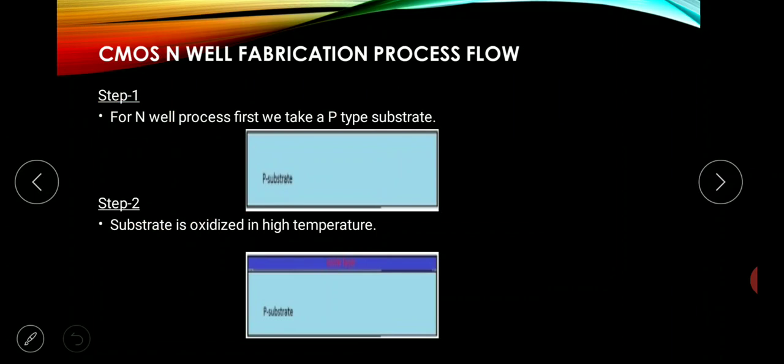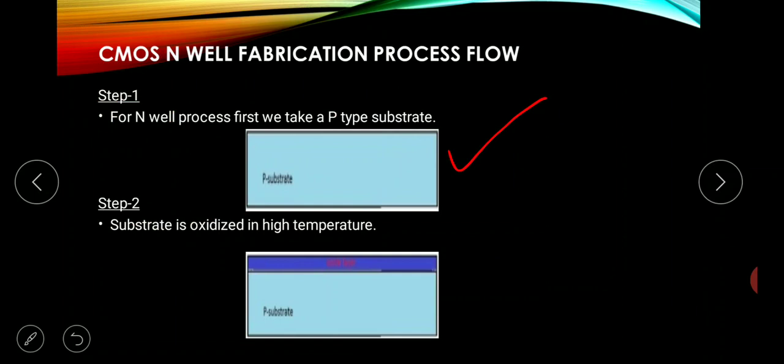Step 1. First we select a substrate as a base for fabrication. Here we select a P-type substrate. Step 2. The substrate is oxidized at high temperature.